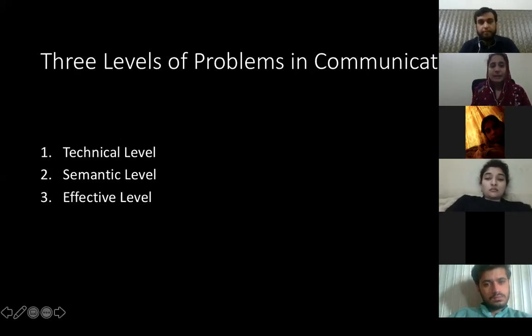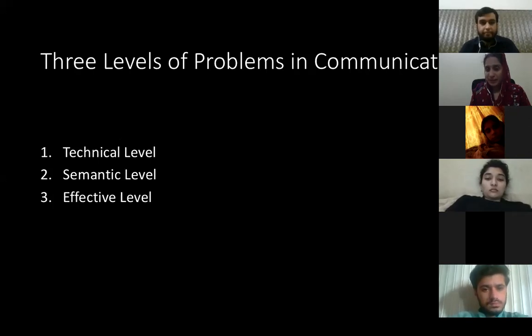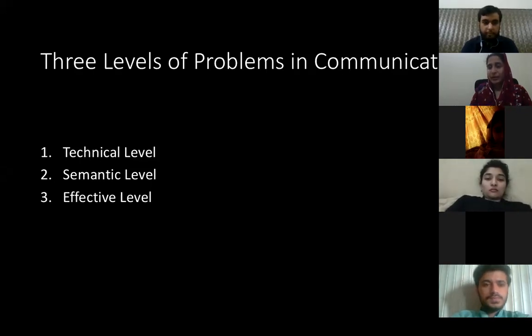All right. A semantic level problem is a problem that is related to language. I will repeat. A semantic level problem is a problem that is related to language. So for our assignments and other stuff, we use Microsoft Word files. You all have used Microsoft Word, and you know that it underlines your spelling mistakes.